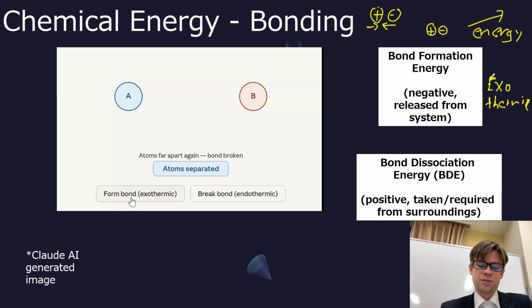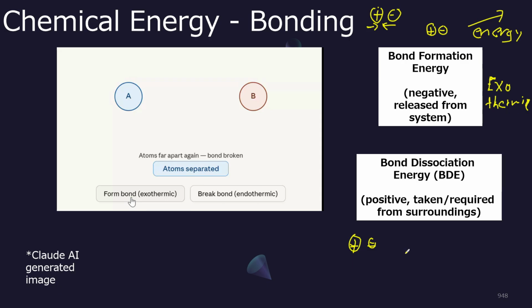On the other side of that, bond dissociation. Okay, bond dissociation energy. This is always positive, okay? It requires energy from the surroundings. We're going from these positive and negative kind of charges stuck together. Again, even though A and B are atoms that might not have a positive and negative charge, the little interactions between the electrons and nuclei inside do make it similar to this. So we're going to separate these.